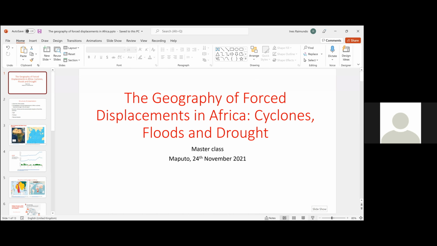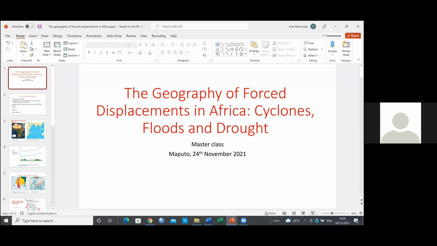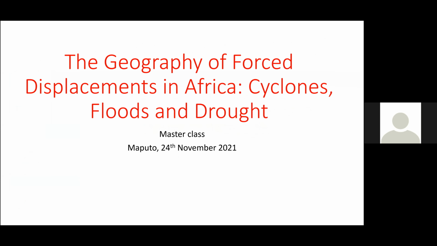Okay, so for today, I want to discuss with you the geography of forced displacements in Africa, which is a real concern. When we're talking about Africa, I believe that we have heard the news, we have read somewhere about what is happening in Africa.